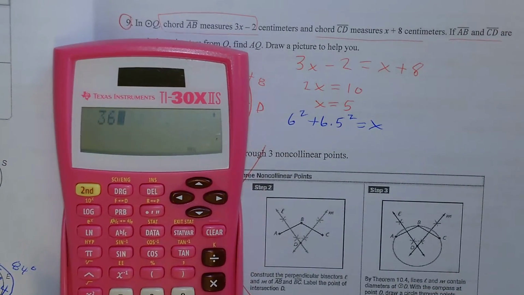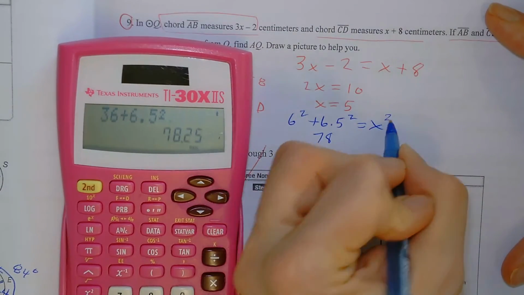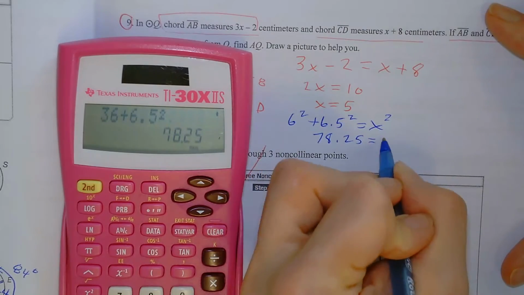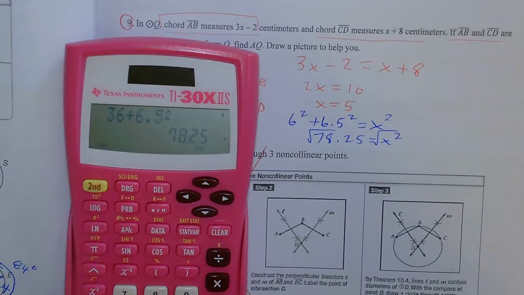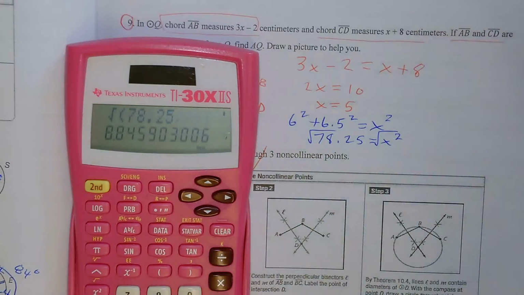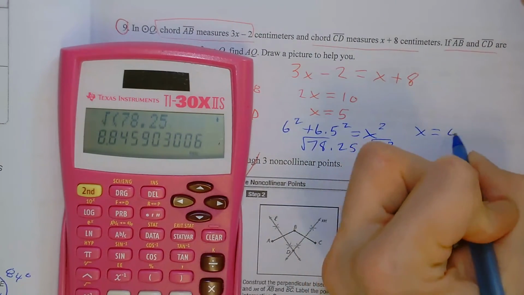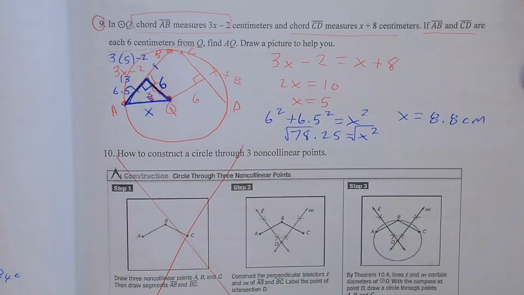So I'm going to do 36 plus 6.5 squared. I'm going to get 78.25 equals x squared. And then I'm going to square root 78.25. So I should get x is about 8.8 centimeters once I do that.